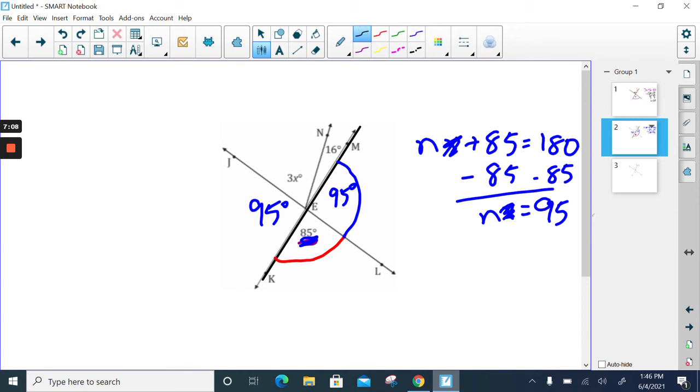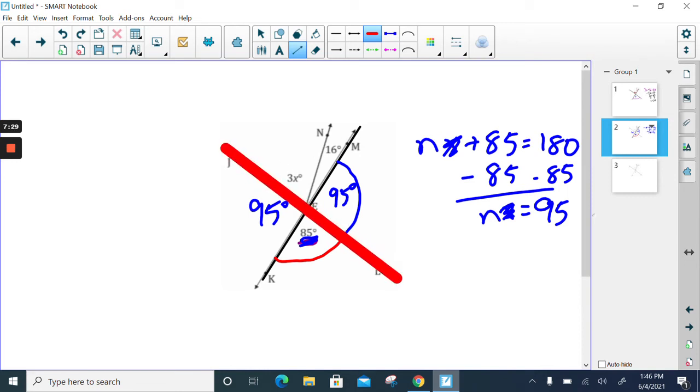Because I'm dealing with this straight line, I'm going to use angles on a line here. Angles on a line means that any line forms 180 degrees, just like we used to find this 95. I'm going to do the same thing once again. For emphasis here, I'll draw another line, the one that we just found.